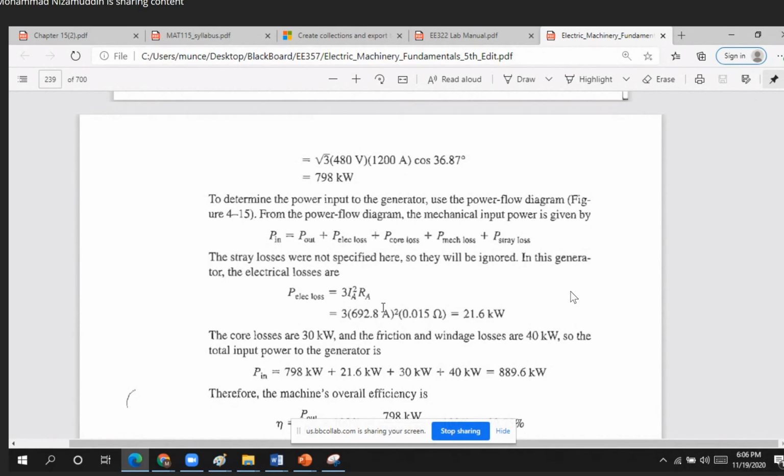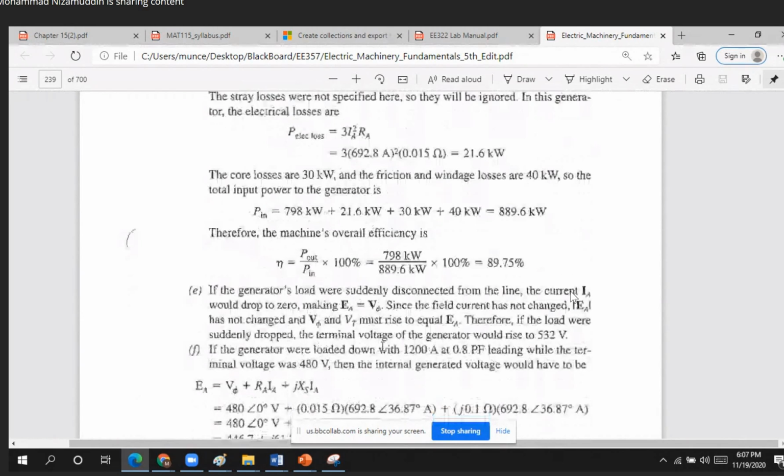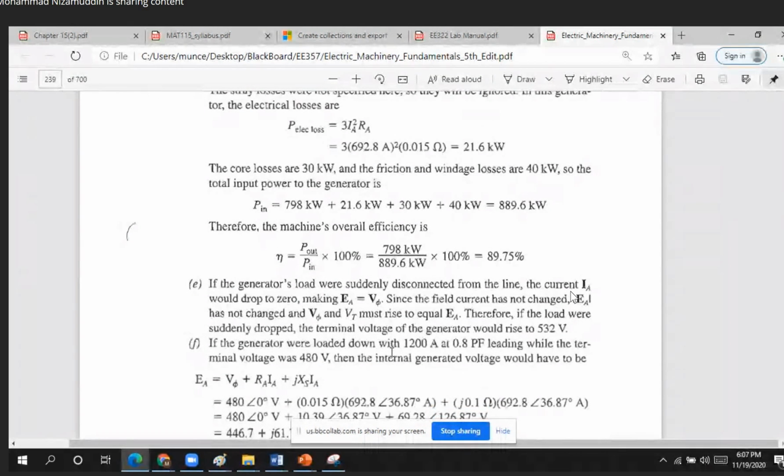Because armature resistance is the single phase equivalent resistance. So you have to use the phase current, then resistance, I squared R times 3. So that is the electrical power, copper loss plus all the other losses. That is the input power. Then output over input power is this.